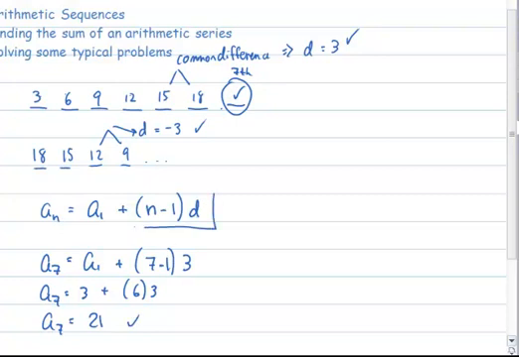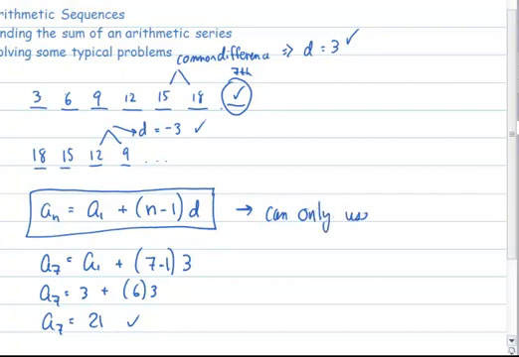So the formula for finding the amount at any value n seems to be working well, and you can only use this if you have an arithmetic sequence.